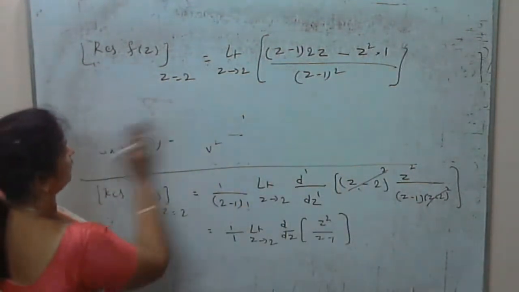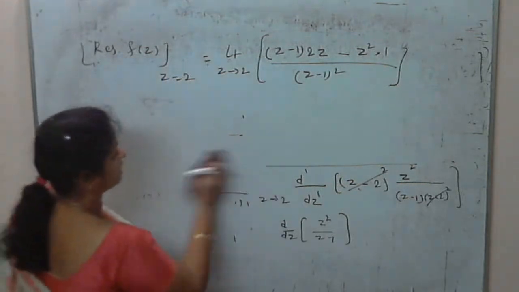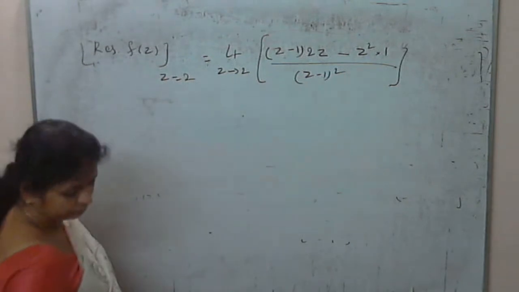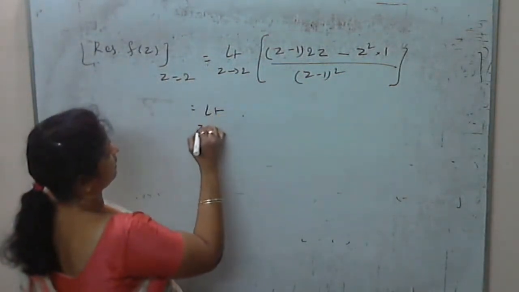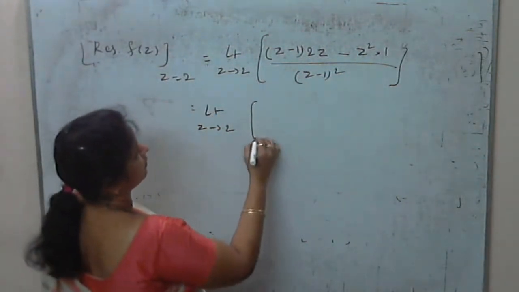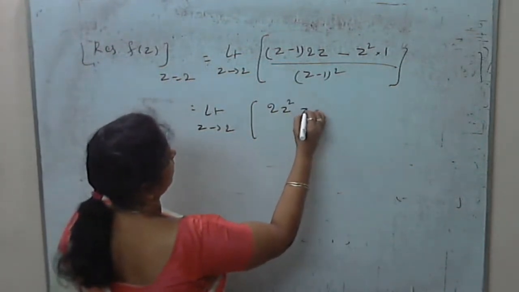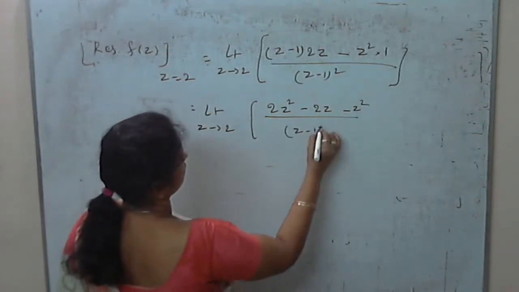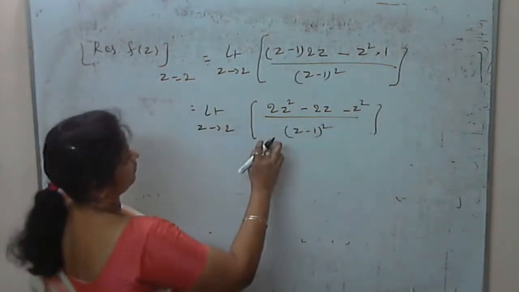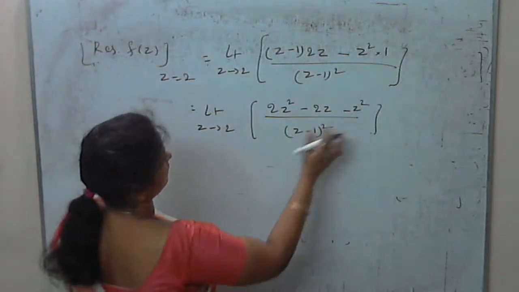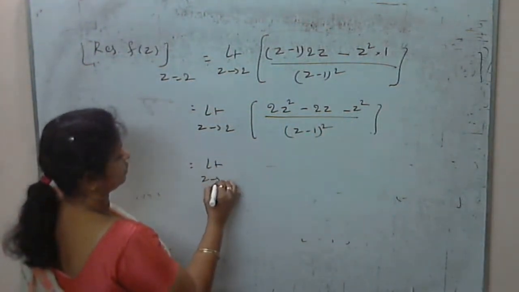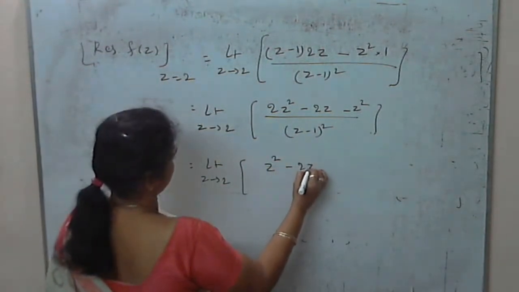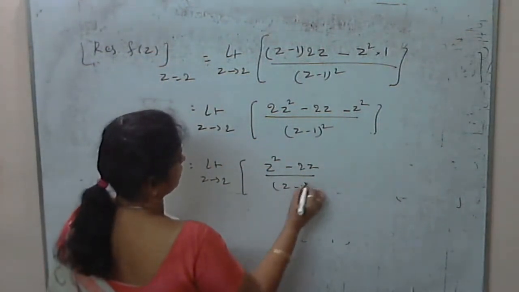So applying this formula, limit z tends to 2, that is equal to limit z tends to 2 of (2z square minus 2z minus z square) by (z minus 1) whole square. So limit z tends to 2 of (2z square minus z square minus 2z) by (z minus 1) whole square.